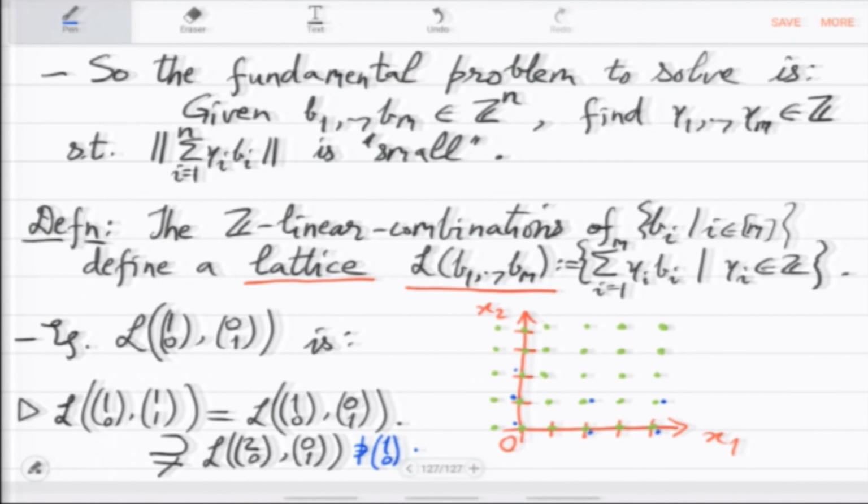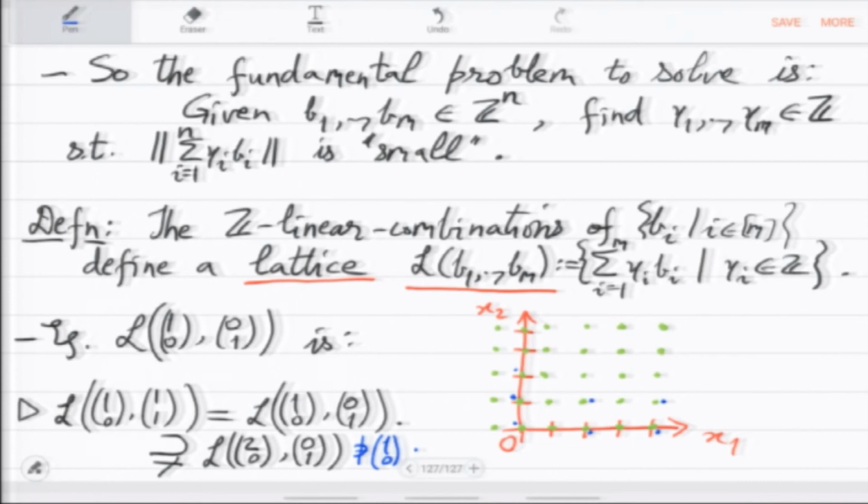If you look at this green lattice, the smallest vector here is (1, 0) or (0, 1). Its multiples cannot be the smallest, but (1, 0), (0, 1), or minus of that have length 1, and anything else will have length more than 1.